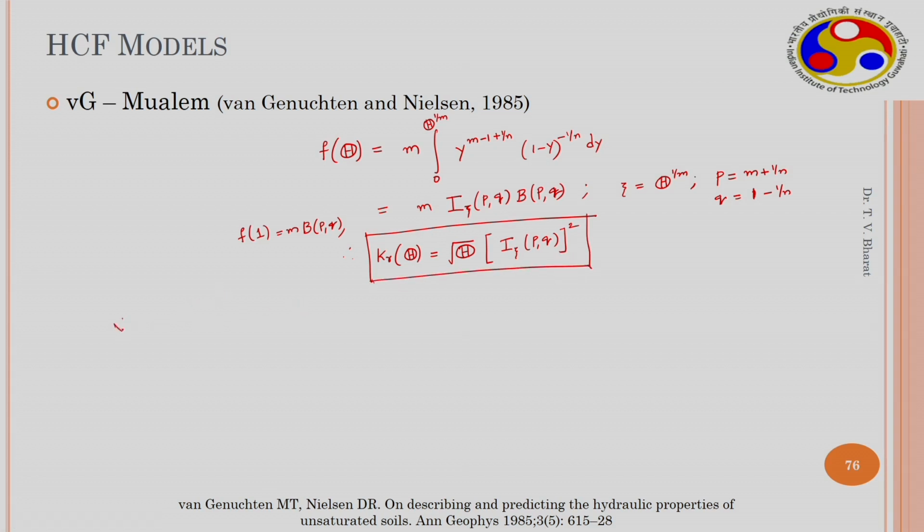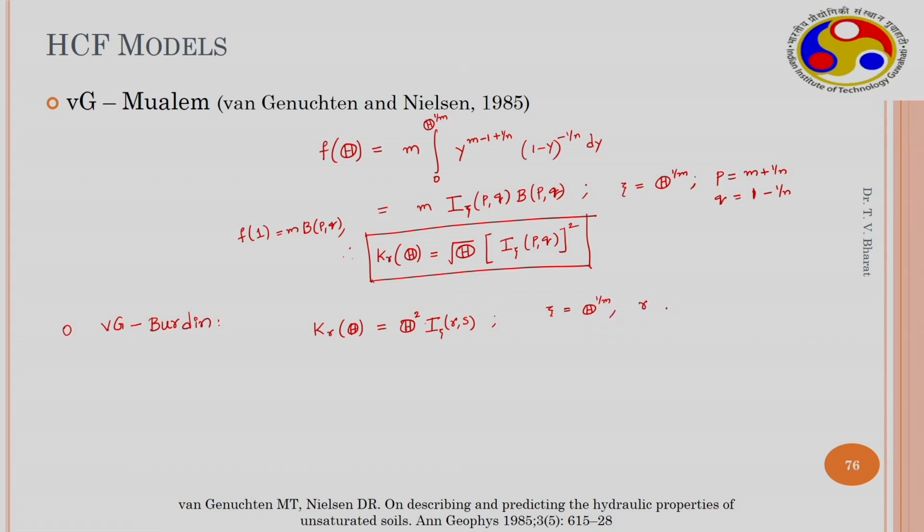Similarly, using Van Genuchten-Burdine, using the same reference, Van Genuchten and Nielsen 1985, the general expression can be written as Kr of uppercase Theta is equal to uppercase Theta squared times the incomplete beta function of R, S. Here this zeta is the same, uppercase Theta power 1 by m.